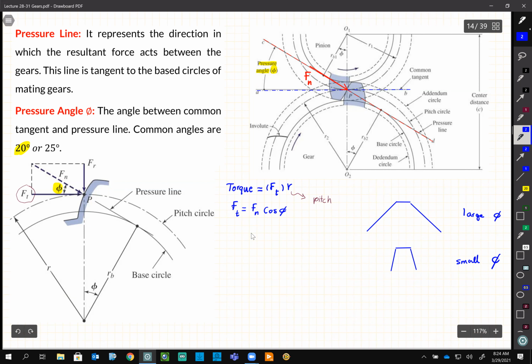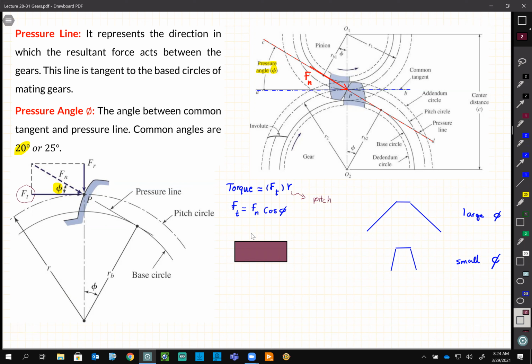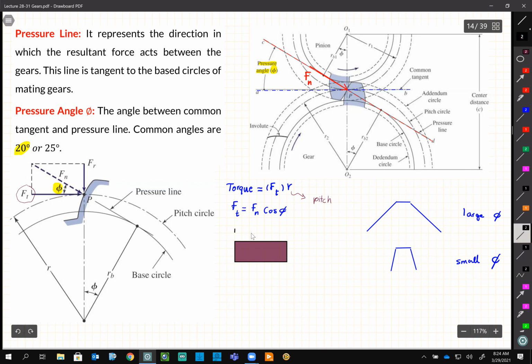So I guess with the knowledge that you have now from MEC 260 or from any other mechanics of materials, you should be able to calculate the stresses for a tooth. You can do it as a practice. You don't need it for this course, but just try to see if you can calculate it. If you couldn't, you can always ask me.